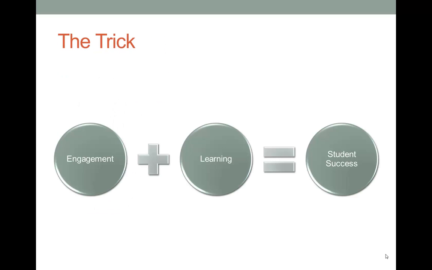So what's the trick? Well, essentially it gets us into engagement plus learning equals success. And it's important to remember that what a student does during college is more important than who they are or where they come from. That is the quintessential point. It's about engaging and the learning that comes out of it, and that is what equals student success.